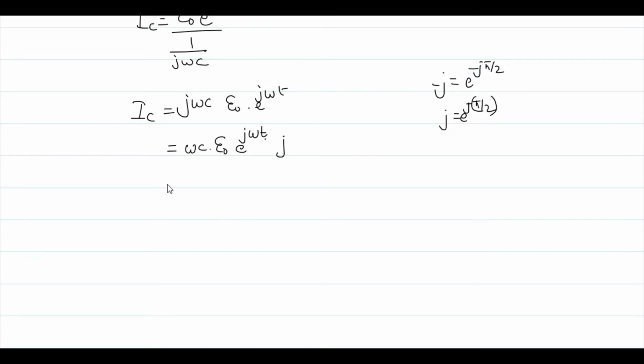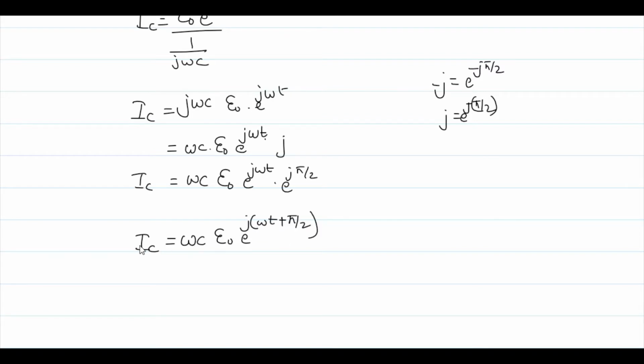If I substitute this j here, I get omega c into EMF naught into exponential of j omega t into exponential of j pi by 2. Now substituting the full value, I get omega c into EMF naught into exponential of j of omega t plus pi by 2.